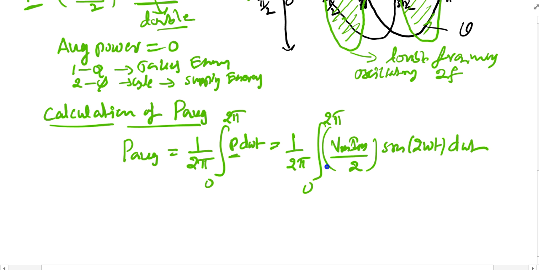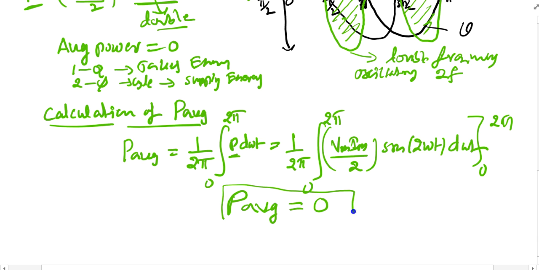If you integrate this and apply the limits, definitely try this at home, you will get P average equal to 0. This is the mathematical proof that the average power is 0.